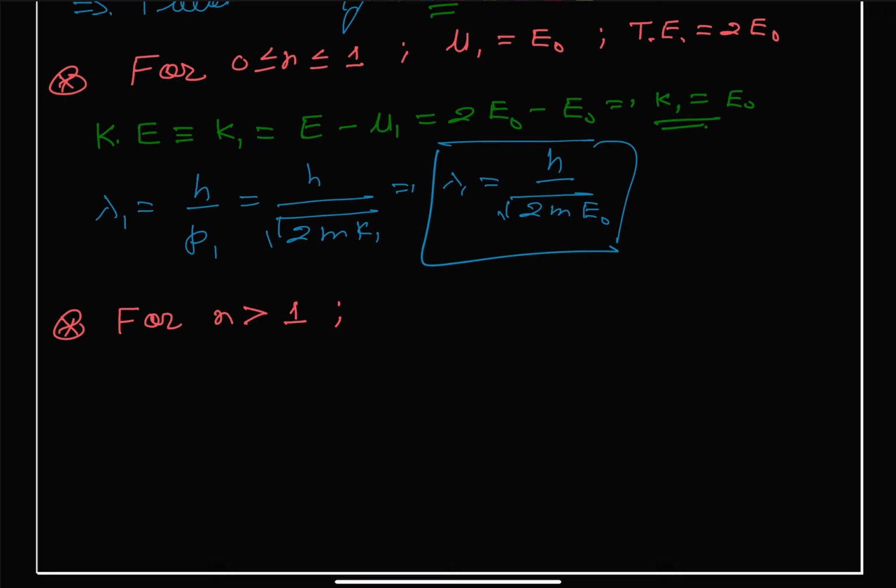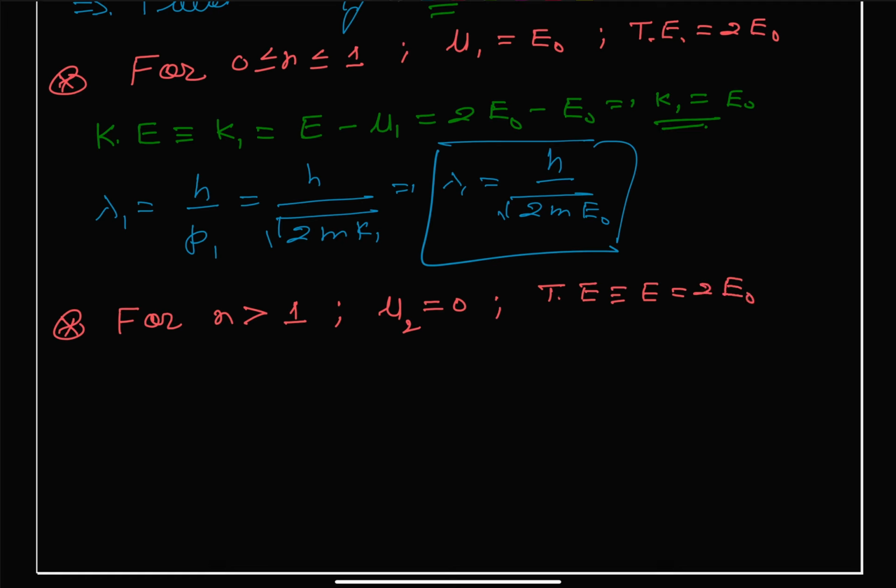And in this case, our initial energy, let us suppose our U2 is equal to 0. And once again, the total energy, that is represented as E, is equal to twice E naught.